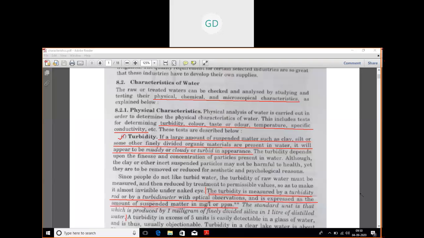So what is the unit for turbidity when it is measured? The unit is milligram per liter or ppm. Milligram per liter or ppm, the full form you can write down. The full form is parts per million.